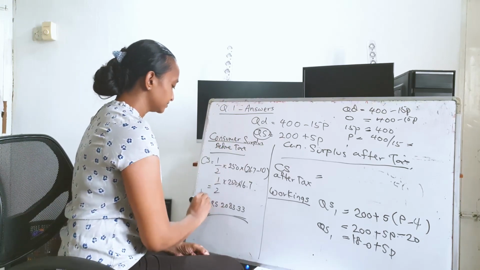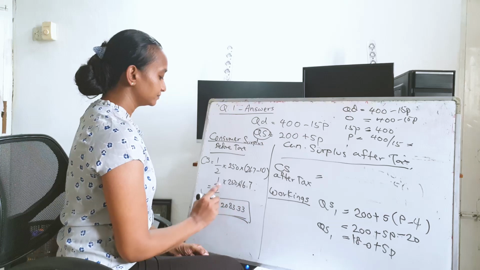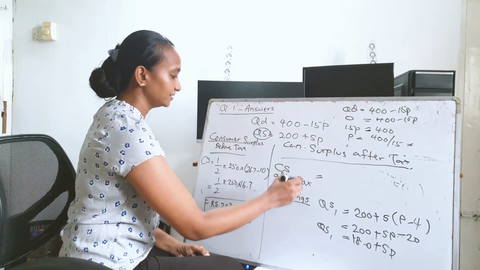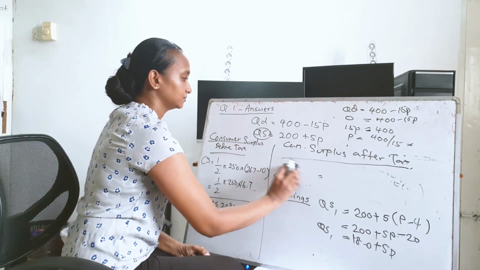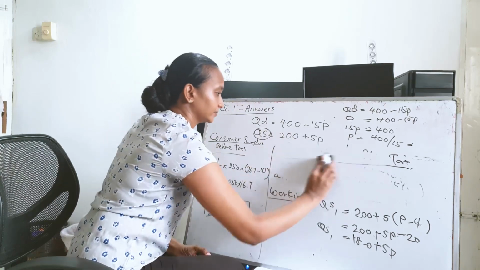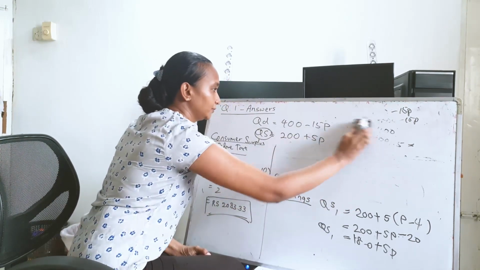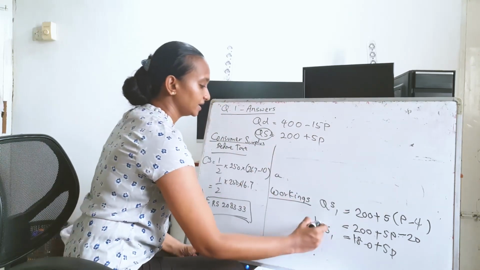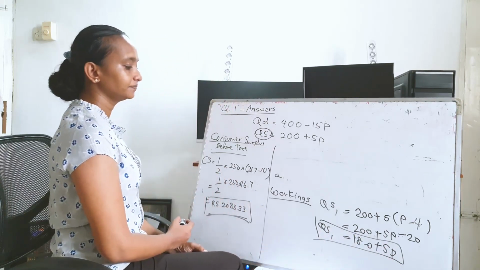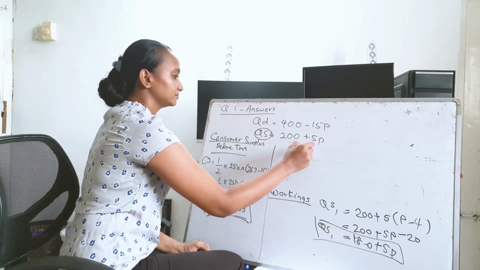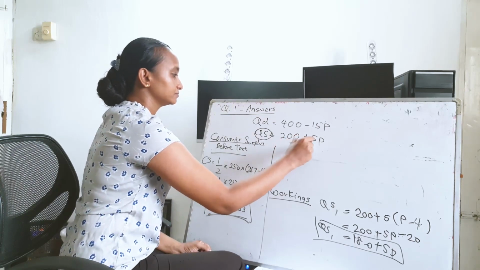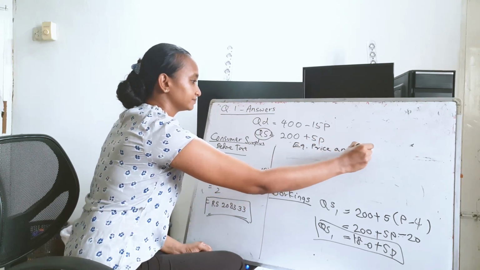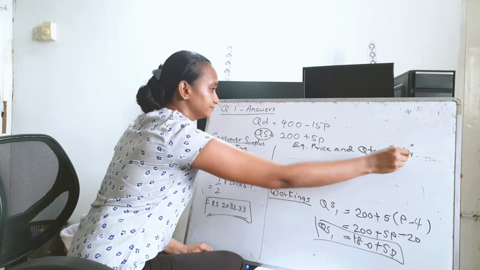Consumer surplus before tax is 2083.33. Now, as workings we got supply after tax, then you have to find the equilibrium price and quantity after tax.